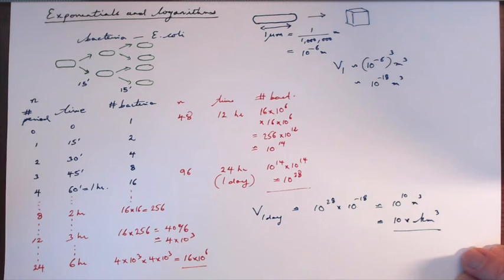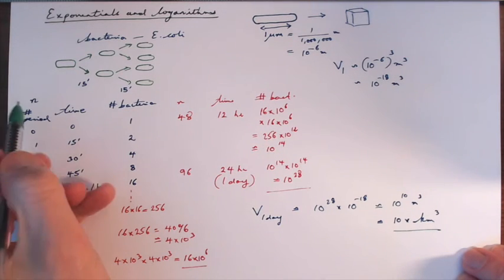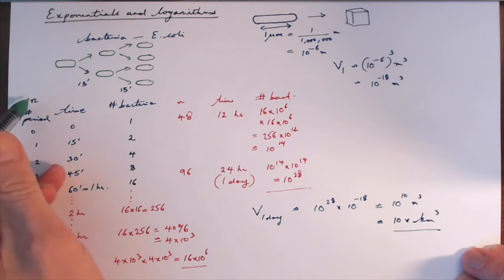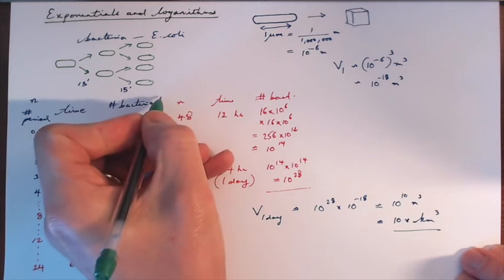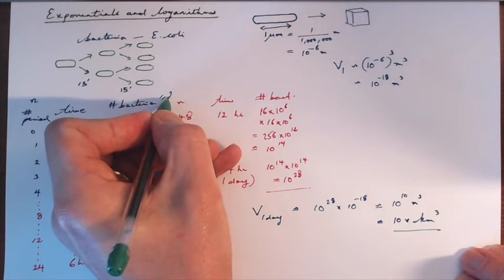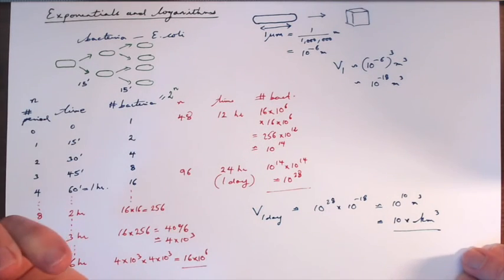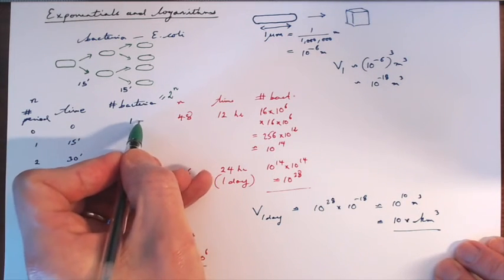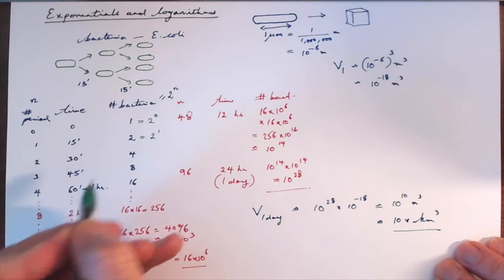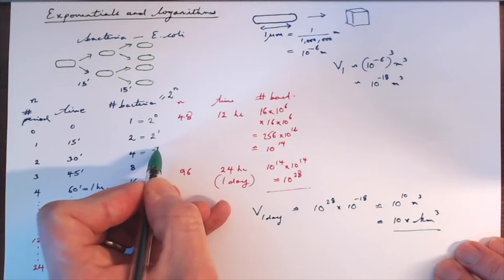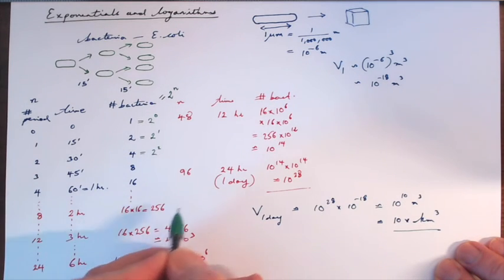And you can see this quite straightforwardly, because this n, which represents the number of doubling periods, we can say that the number of bacteria is equal to 2 to the power of n, because 1 is 2 to the power of 0, 2 of course is 2 to the power of 1, 4 is 2 to the power of 2, and so on.